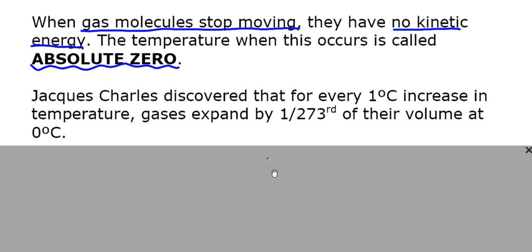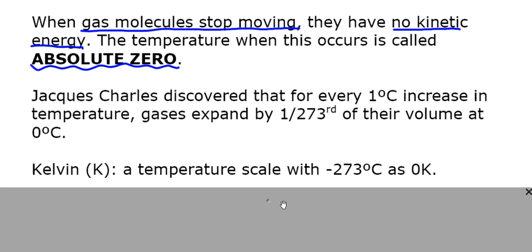And this formed the basis of the Kelvin scale. So the Kelvin scale is a temperature scale where negative 273 degrees Celsius is 0K, or absolute zero.